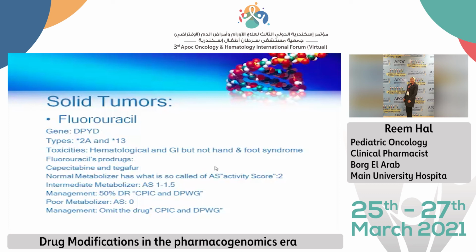The management in the case of intermediate metabolizer, activity score 1 to 1.5, is to give 50% dose reduction, while for the poor metabolizer with activity score 0, it is recommended to omit the drug totally. Some guidelines recommend giving capecitabine or tegafur, as they are prodrugs and will not have toxicities from the metabolite, but it is not a strong recommendation.